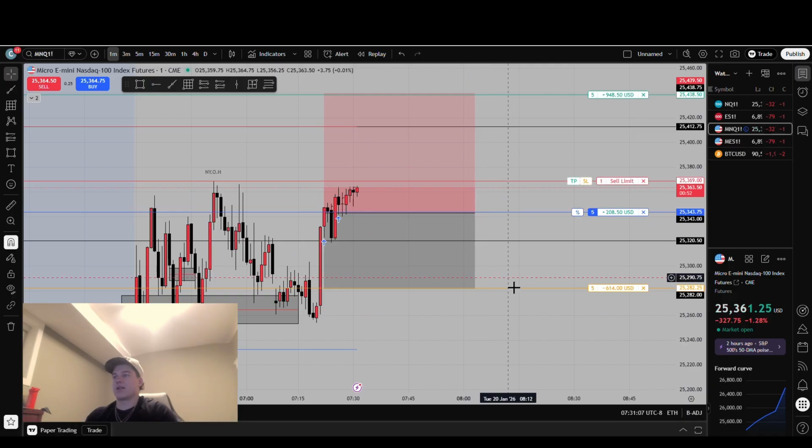It's a good looking candle. I like that wick. And will it chase the wick? Maybe. I think it's going to sweep these highs. I mean, they're right there. It's got to sweep these highs before, if it wants to go down.